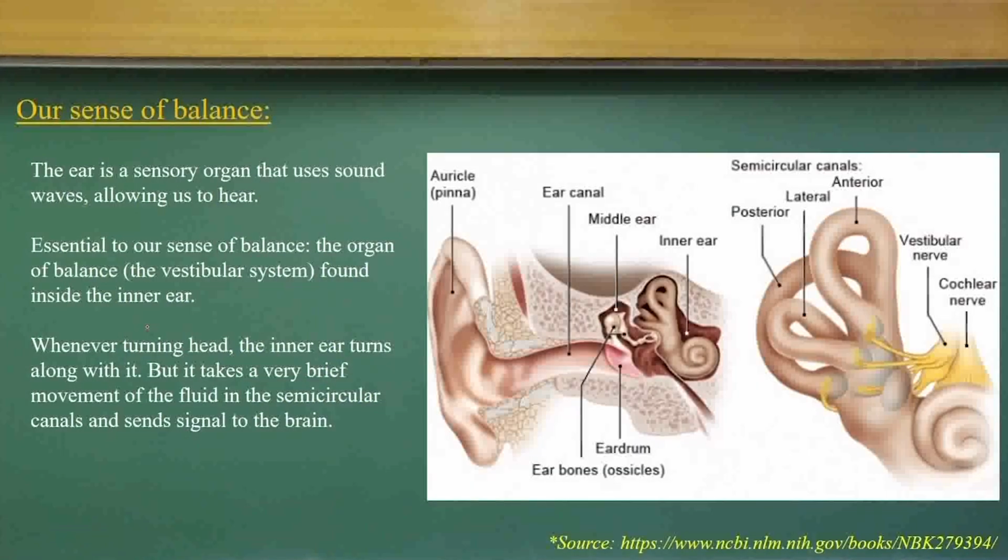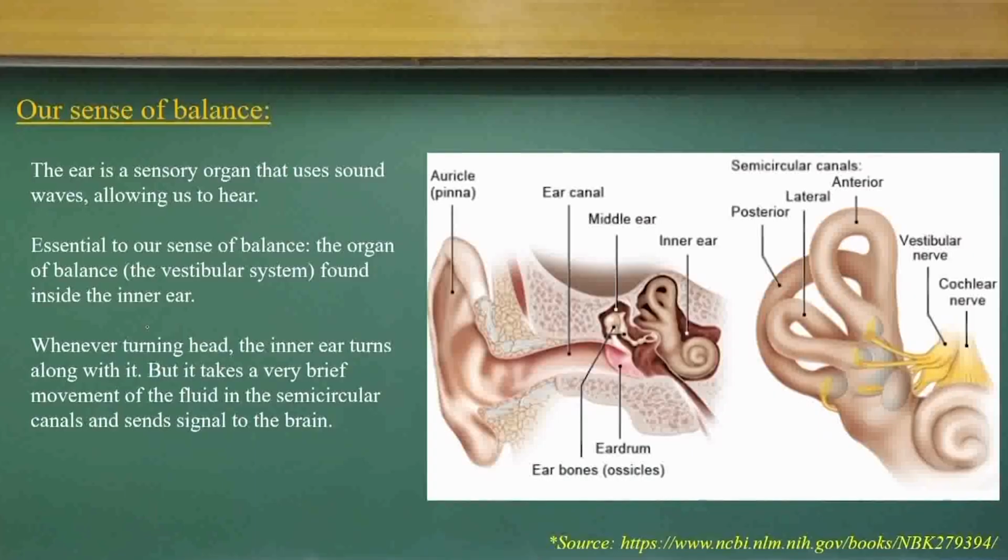Let me conclude these lectures with the sense of balance of organ systems. We know that the ear is for acoustic sound waves, and that is the reason we can hear whatever I am speaking, because the ear is a sensory organ that uses sound waves to allow us to hear.